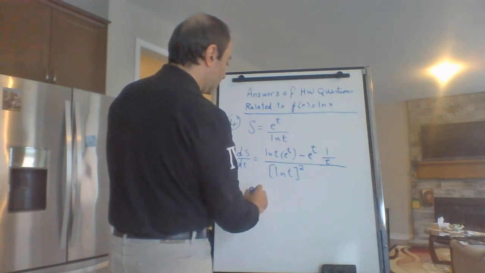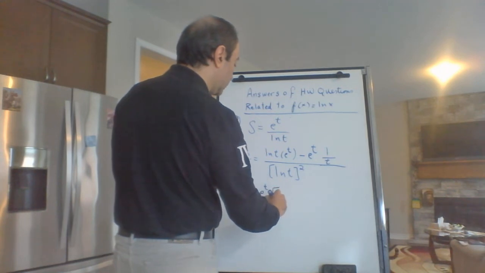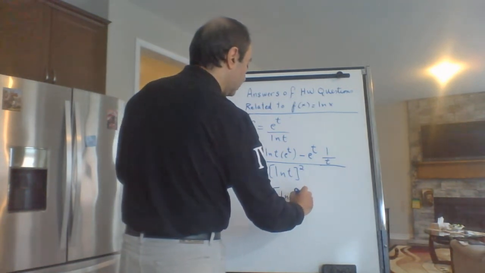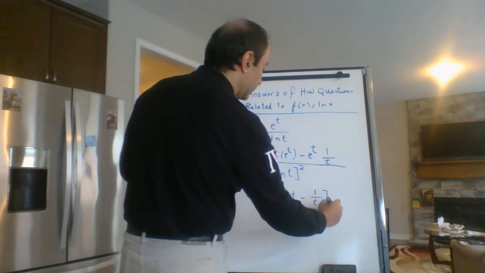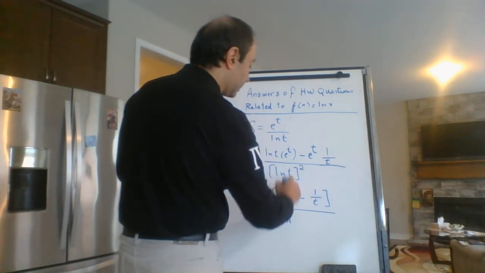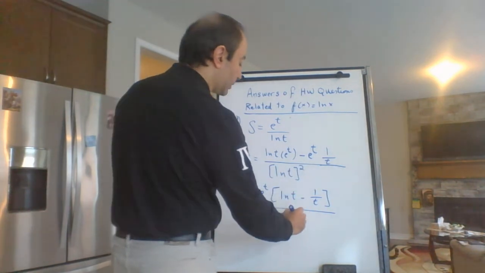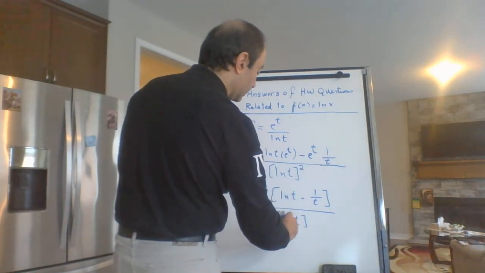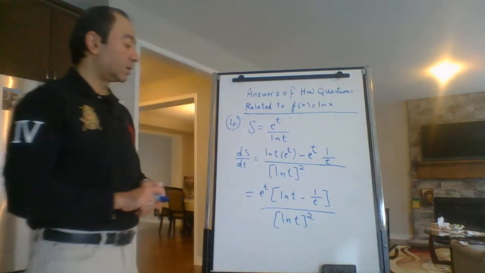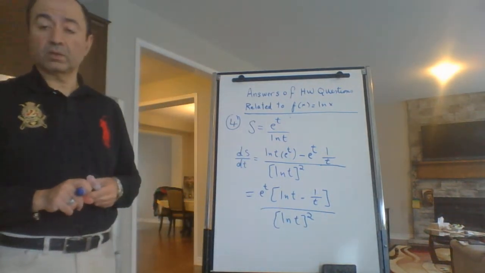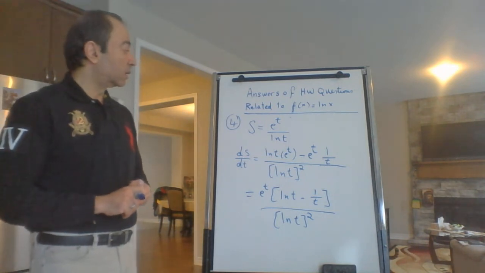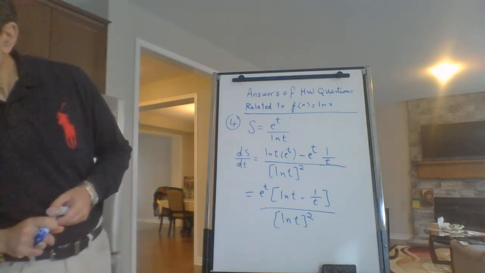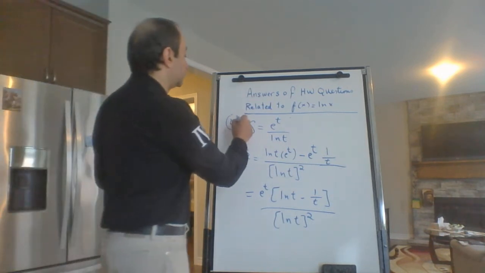We can factor out e to the power of t, and that will leave ln t minus 1 over t, all over ln t squared, which is the same thing as ln squared t. I will write it like that, and this is how the answer should be. Okay, so this is 4e.